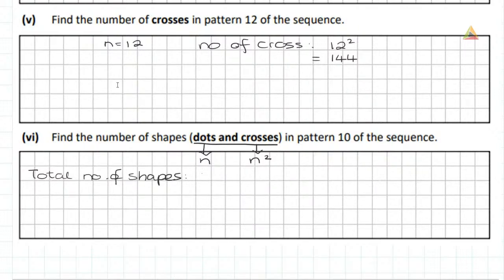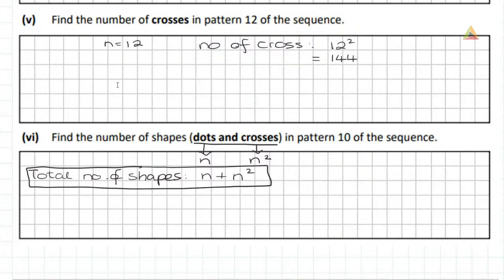So I'm going to say n plus n squared is my formula for the total number of shapes. And we're being asked how many are in pattern number 10. So we're going to sub in a 10 everywhere we have an n. So I'm going to say 10 plus 10 squared, and that gives me 110 shapes in total.